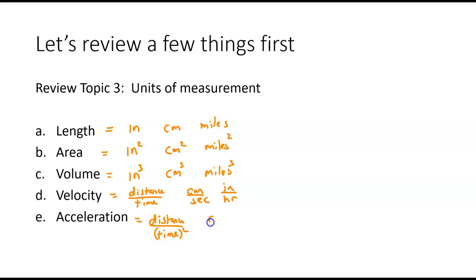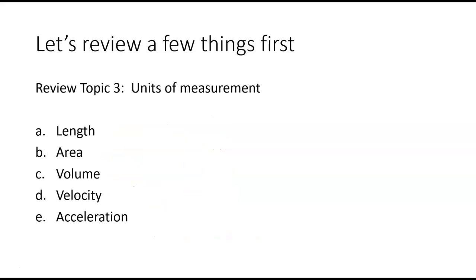Okay, so it could be centimeters per second squared, or inches per hour squared. And that's what we talked about in lesson 4.8. Okay, so I want to make sure that you understand the concepts behind units a little bit, because we'll be using those problems to do what we're working on in this lesson.